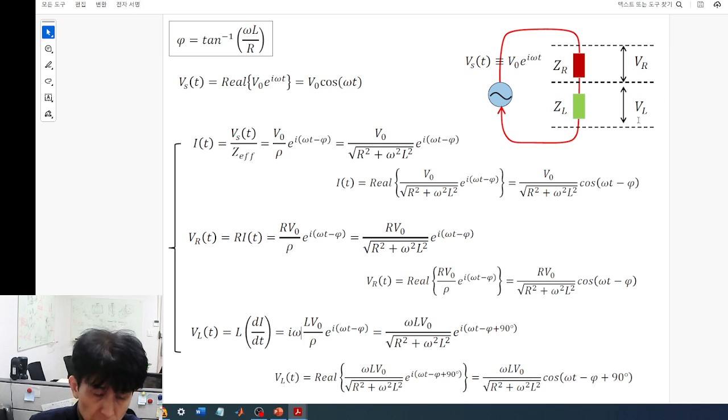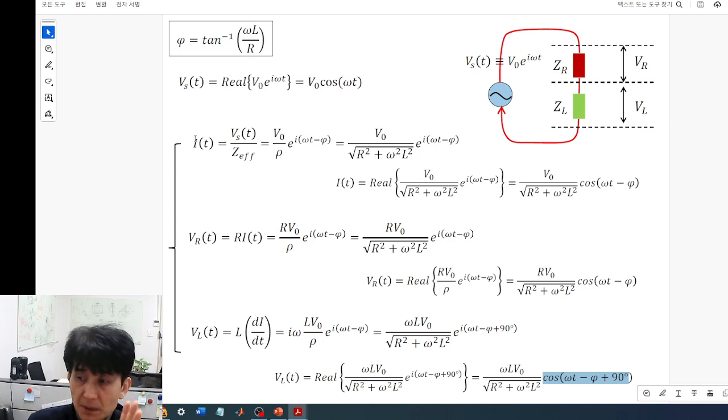The real voltage here is, as I mentioned, just the real part of the complex expression over here. So the only thing you have to do is replace the exponential part with the cosine term. So that's the real voltage, of course. The same is true for the current.